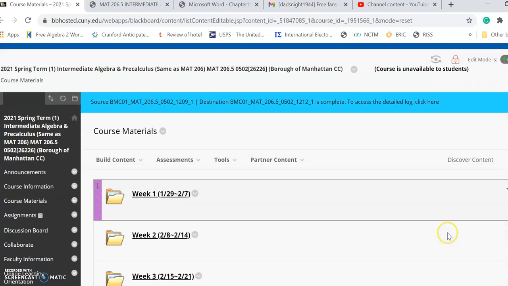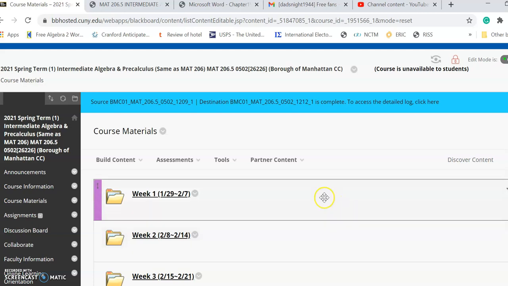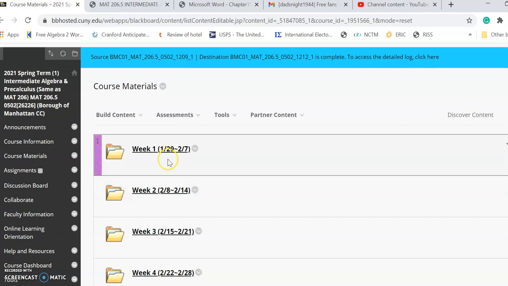Now, each weekly work is due the coming Sunday. One example: week one is January 29th to February 7th. I know January 29th is a Friday, but week one would be too short, so I combined the short amount of time plus the next week and counted it as week one.